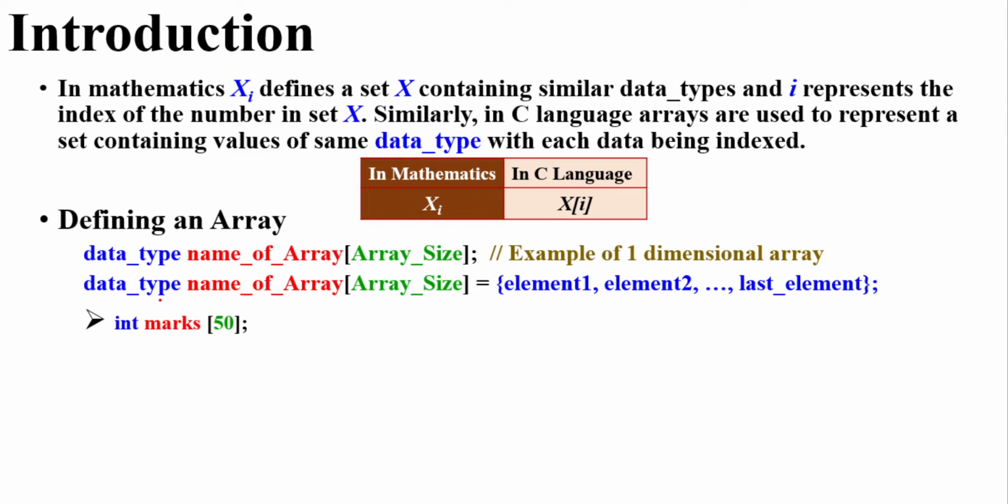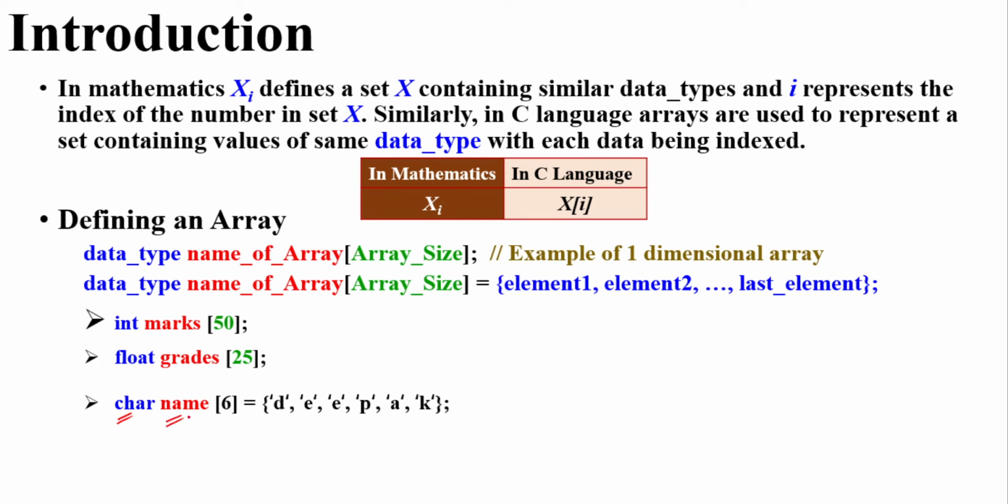Similarly, we can even use different data types like float grades[25]. And now we have the liberty to enter 25 elements with data type float. Similarly, if you want to make an array of characters, the data type will be char.